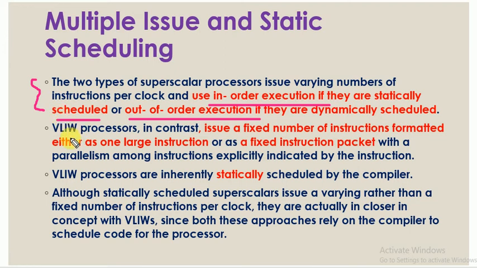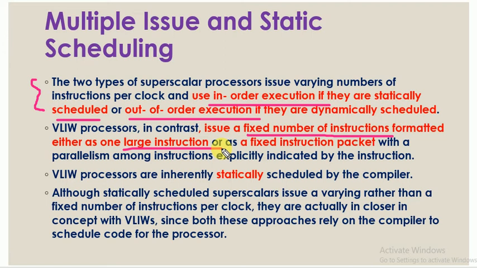Now VLIW processors issue a fixed number of instructions formatted as one large instruction. So that is the difference from the previous superscalar processors. In those, multiple instructions are given separately, in order or out of order.